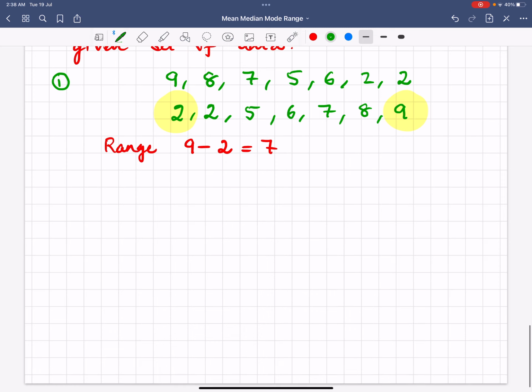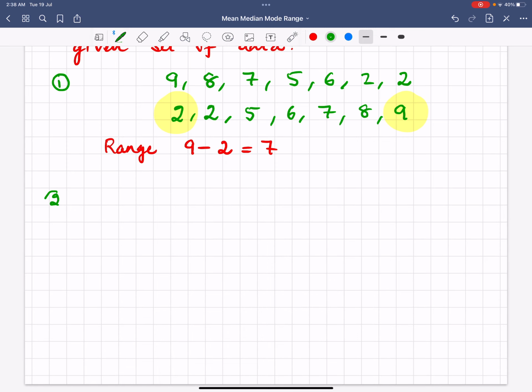Let's move on to question number 2. We have the numbers 19, 16, 11, 10, 23, 14, 22, 23, and 11. So let's write the numbers in order from smallest to largest or in ascending order.